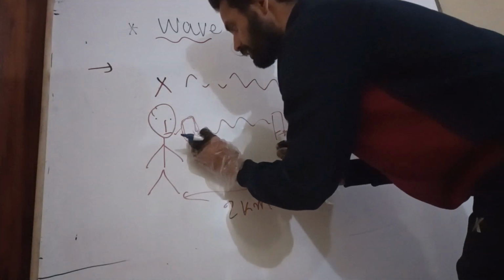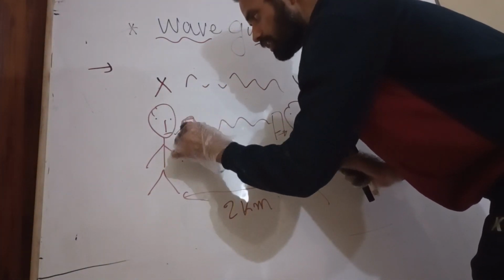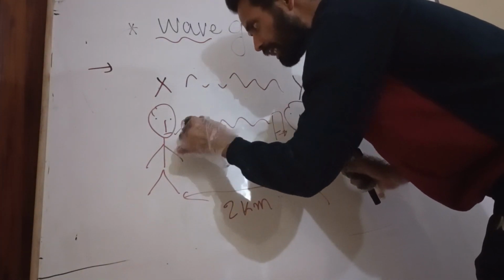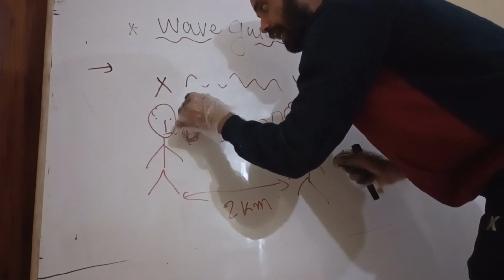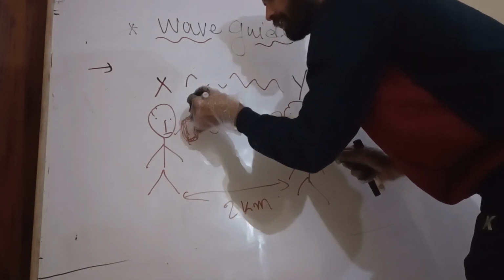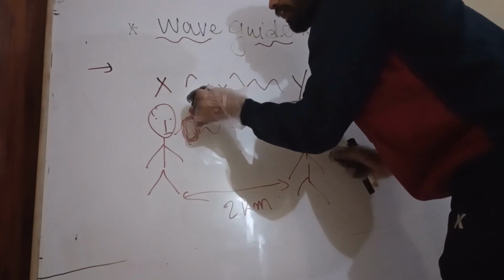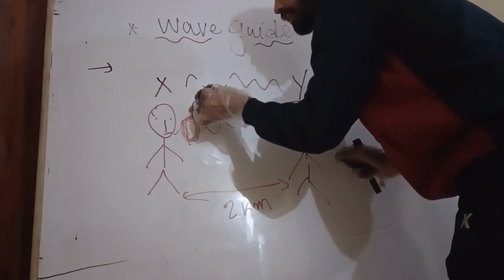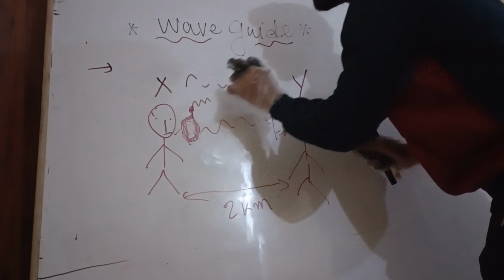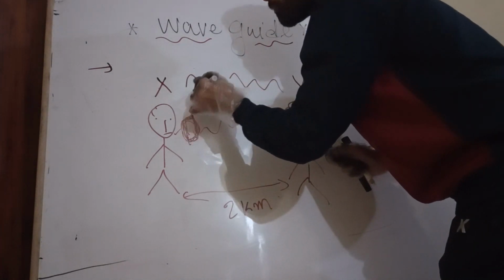As you know very well, this small device, the cell phone, has a small antenna. Through this antenna the signal will be radiated as an electromagnetic wave.